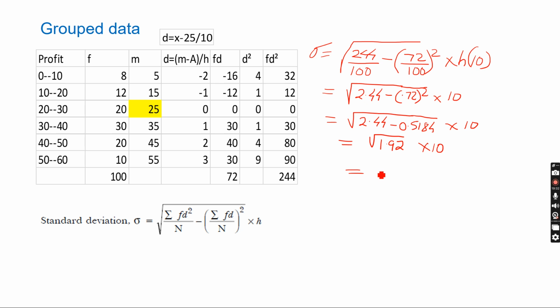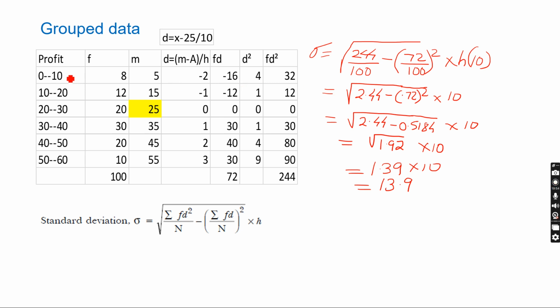And when I take the square root of 1.92, it comes to 1.39 multiplied by 10. So therefore, my standard deviation is 13.9.